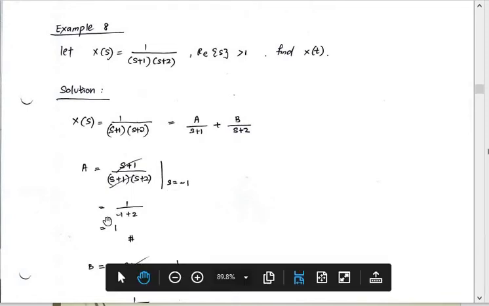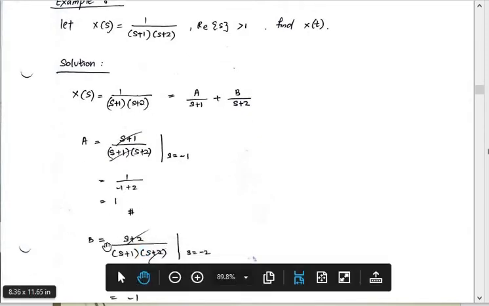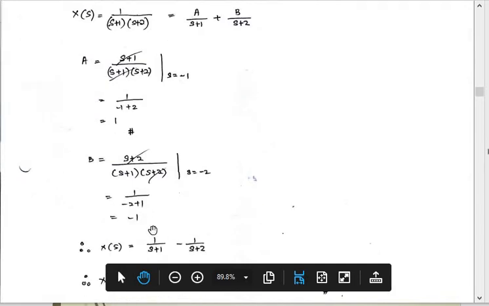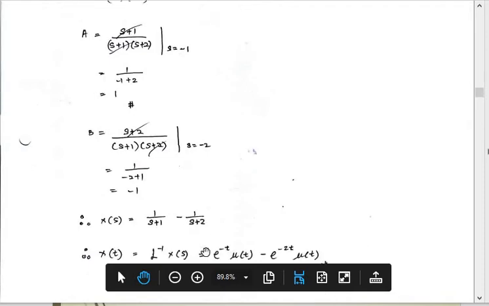So you get 1 over negative 1 plus 2, you get 1. B is (s plus 2) divided by (s plus 1)(s plus 2), in which s is negative 2. You get negative 1. So A is 1, B is negative 1, and you substitute into X(s). So you get 1 over s plus 1 minus 1 over s plus 2.